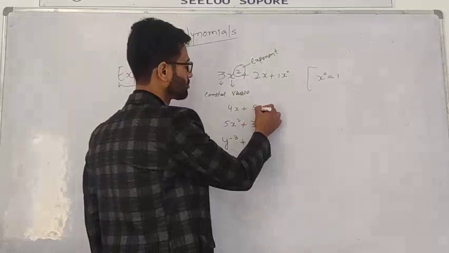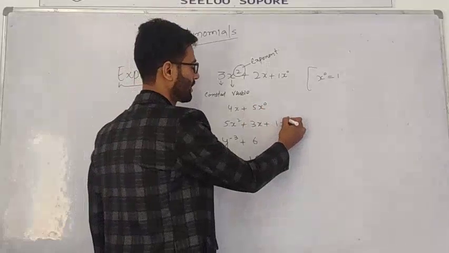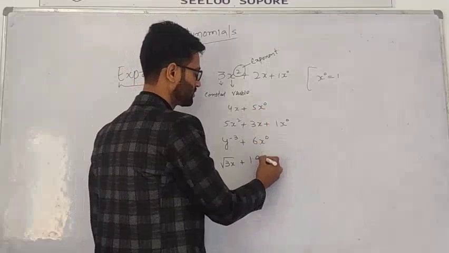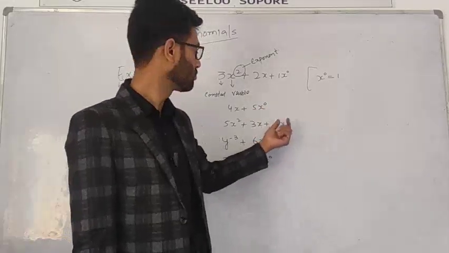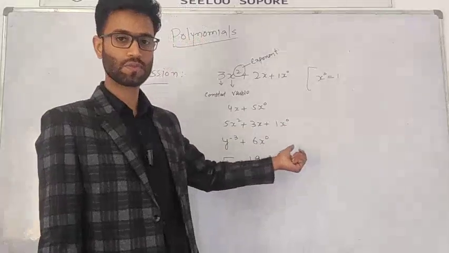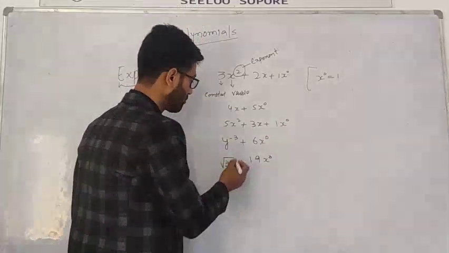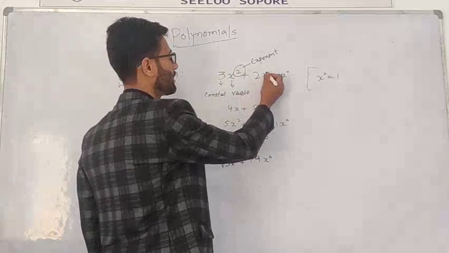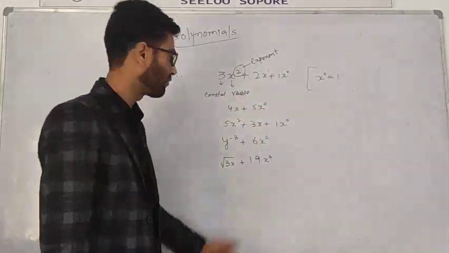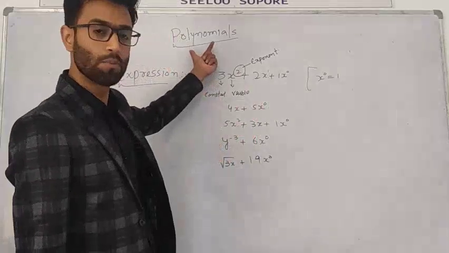So the original value will not change. Now we see that here variable x has power 2, variable x has power 1 and variable x has power 0.